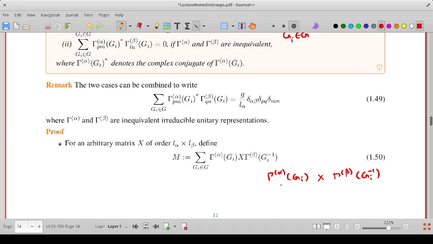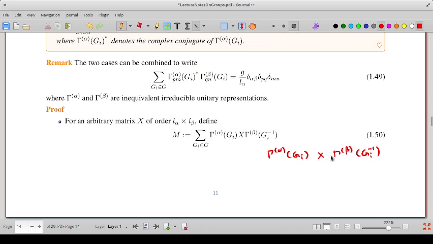Now gamma alpha Gi is a matrix of order L alpha by L alpha, X is of order L alpha by L beta, and gamma beta is of order L beta by L beta. Therefore this matrix multiplication is well defined, and the resultant matrix has L alpha rows and L beta columns. So the result is a matrix of order L alpha by L beta.